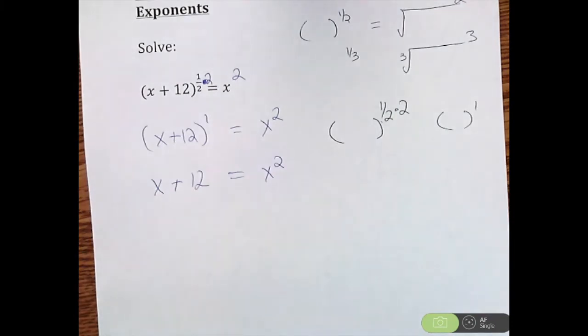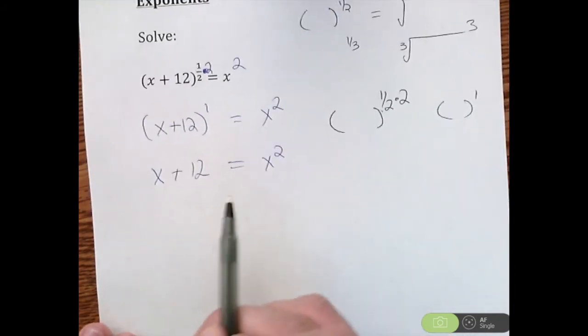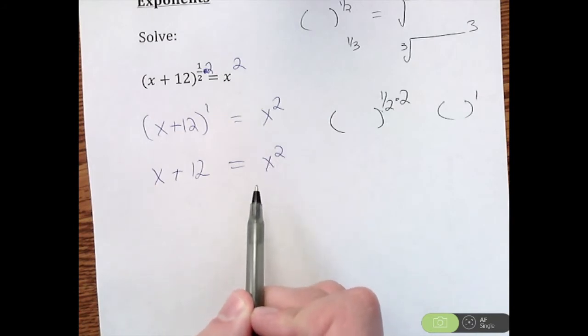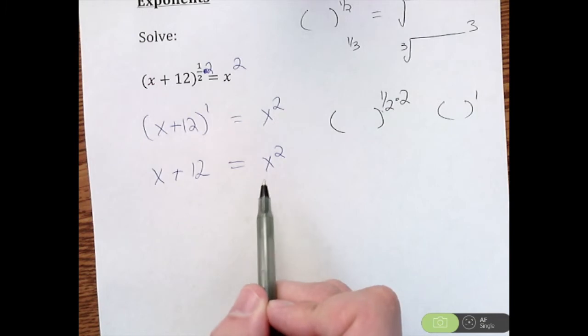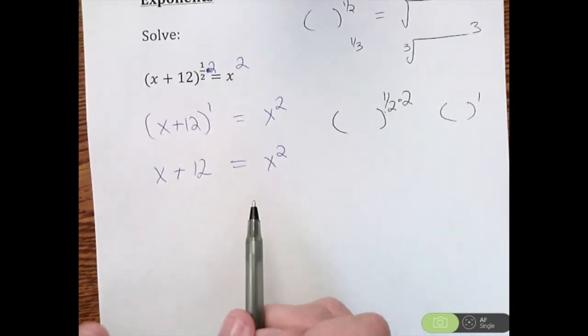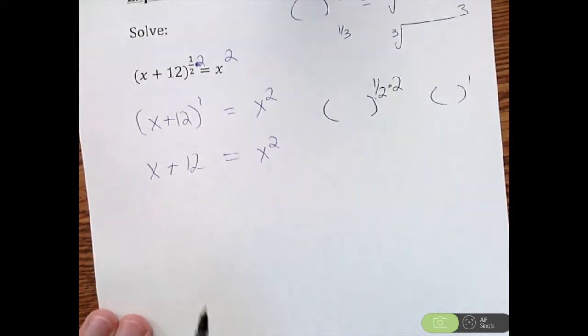Very similar to my solving radical equations video, this is a quadratic problem. The reason I know this is I have an x squared. There are many ways of solving this: square roots, factoring, completing the square, quadratic formula. One thing we always like to do is get this equal to 0.